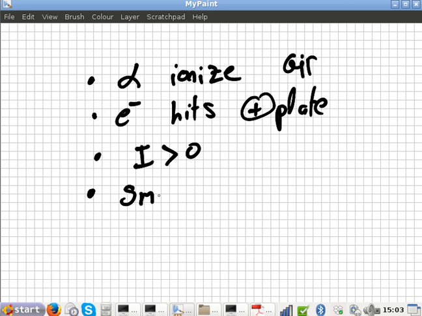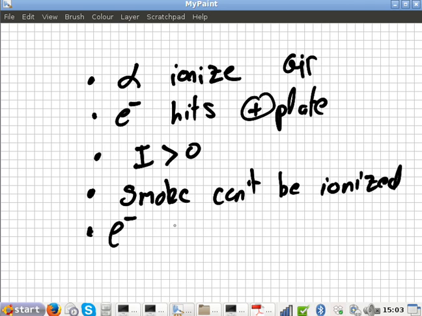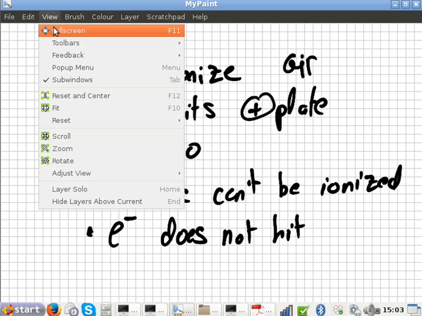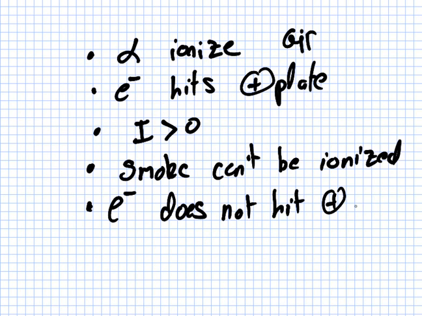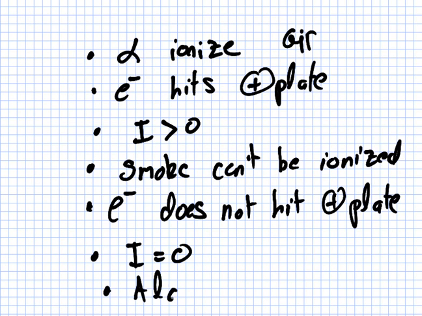Then what happens? The smoke can't be ionized. That means the electron does not hit the positive plate, and so the current is then off, and then the alarm is on.